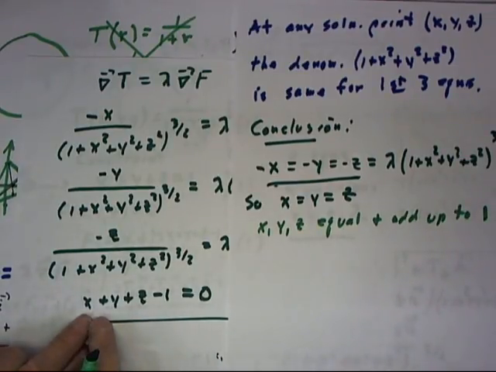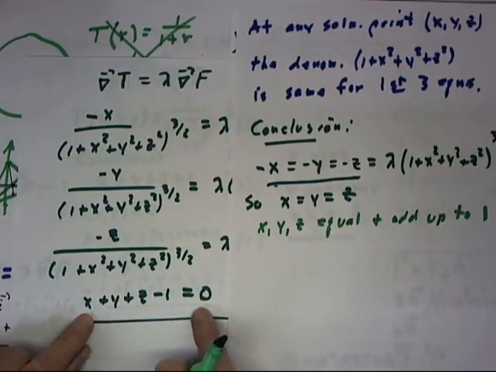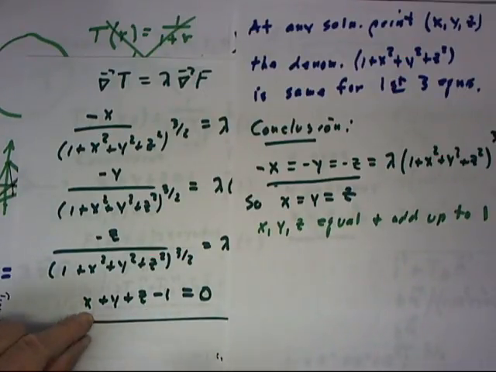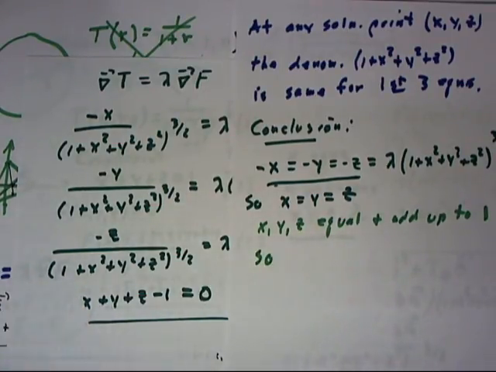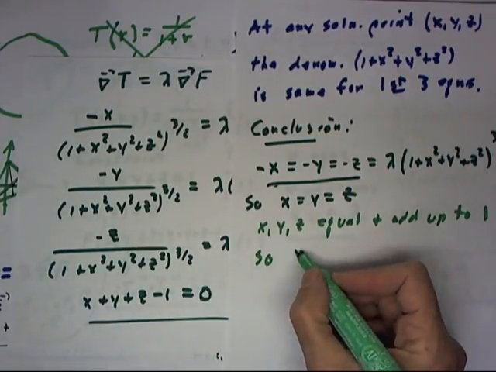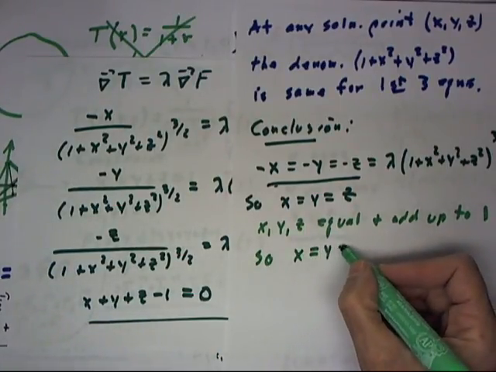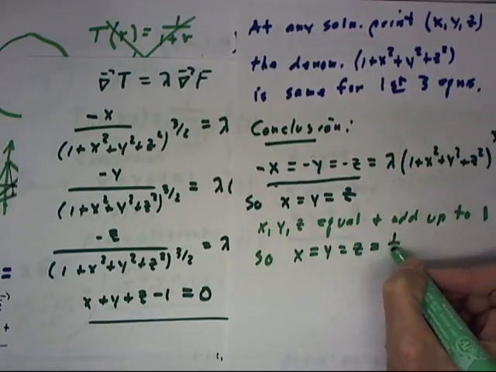Because the third equation, x plus y plus z minus 1 equals 0, is very easily rewritten x plus y plus z equals 1. So without crunching any numbers, doing any formal algebra, we can conclude that x equals y equals z equals 1/3.